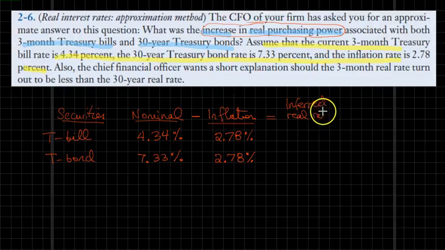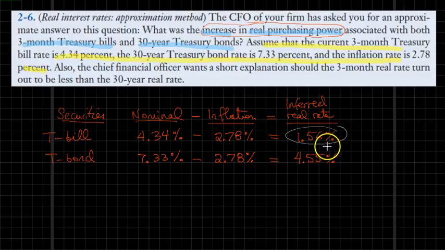The difference between 4.34% and 2.78% comes out as 1.56%, and the difference between 7.33% and 2.78% ultimately comes out as 4.55%. So we can make use of these two figures to approximate the increase in real purchasing power.